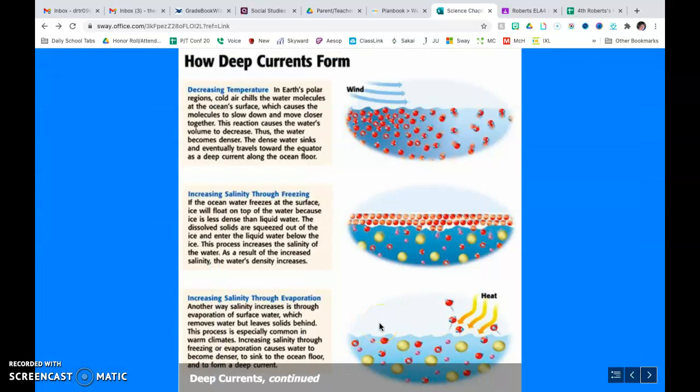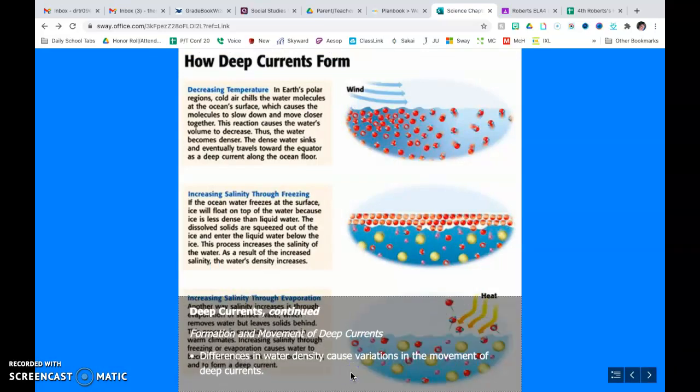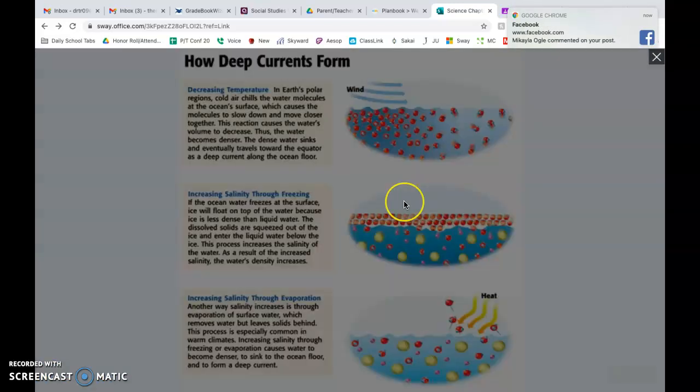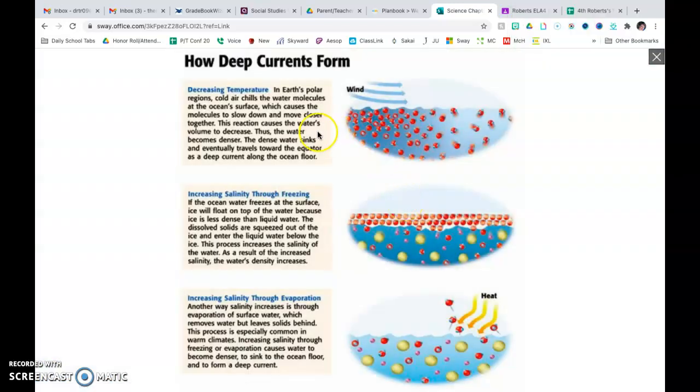So how do these deep currents form? We said that there are differences in water density, and this causes variations in the movement of these deep currents. One effect is the decreasing temperature.